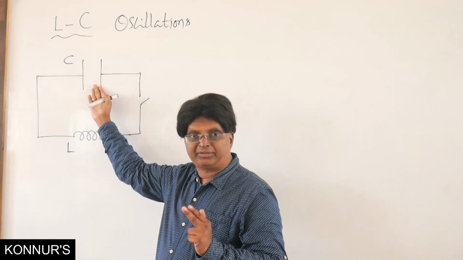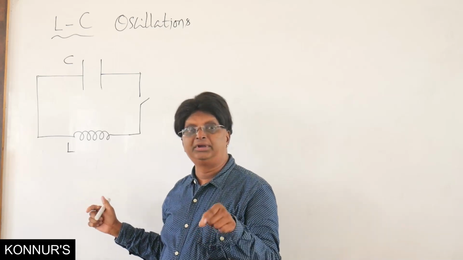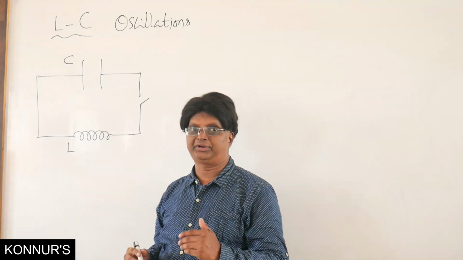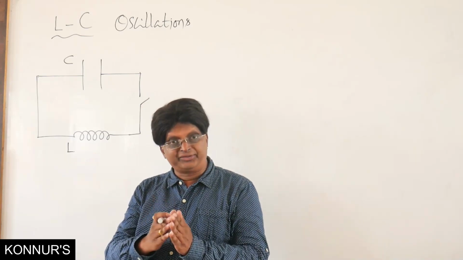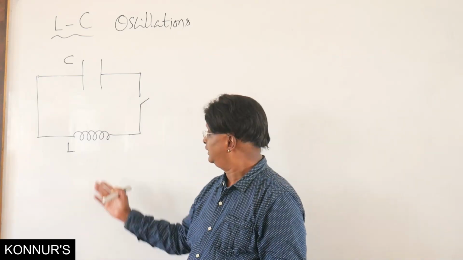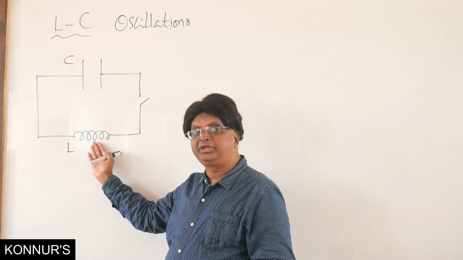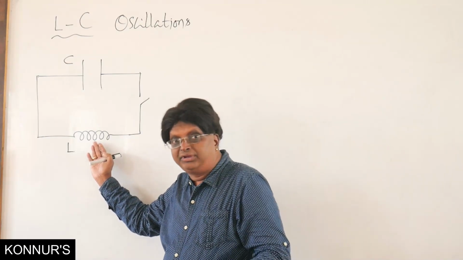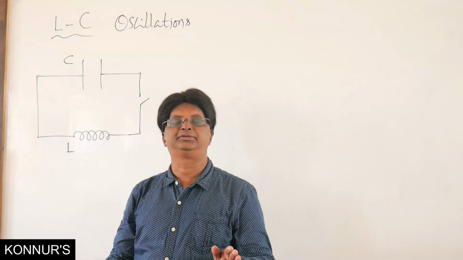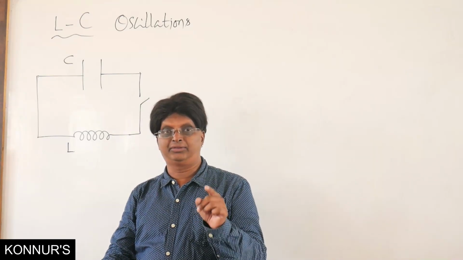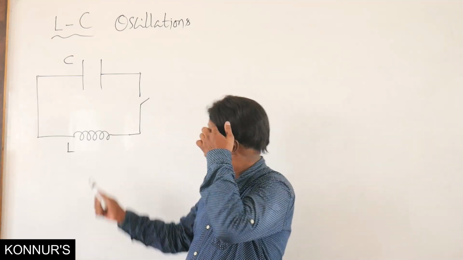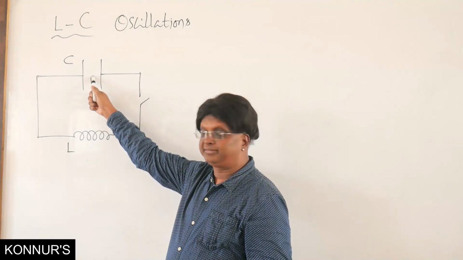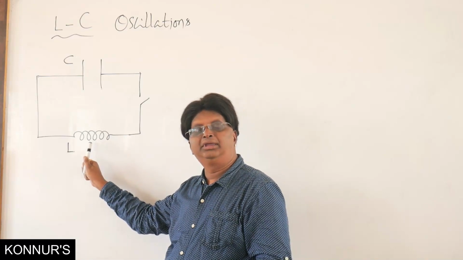This is at the capacitor. Now at the inductor, what happens? During discharging, the current through the inductor starts increasing from 0. Once the current starts increasing, the energy inside the inductor increases, and hence the magnetic field inside the inductor increases. So during discharging, the electric field decreases and the magnetic field increases.